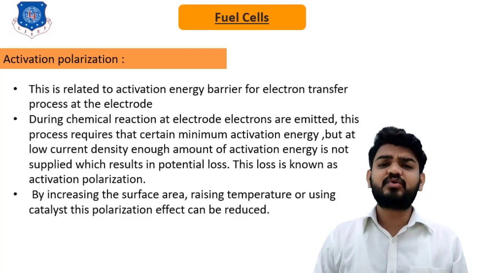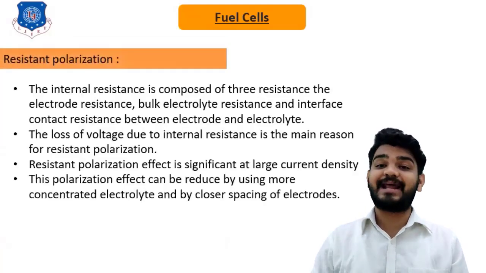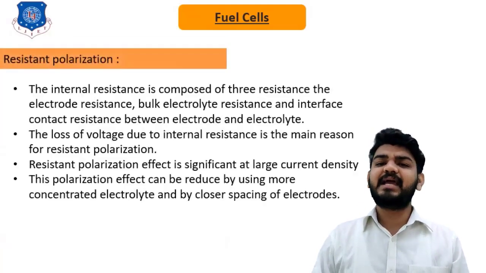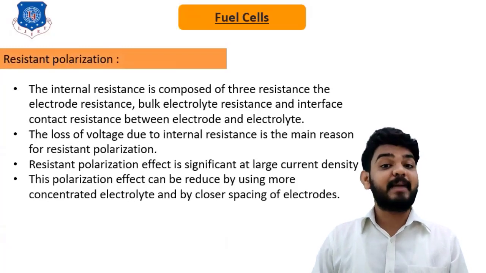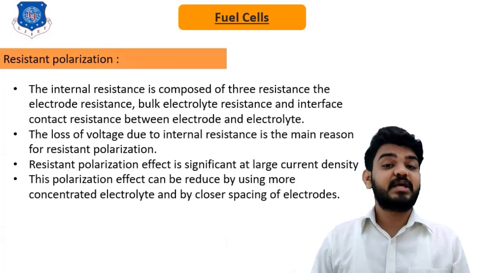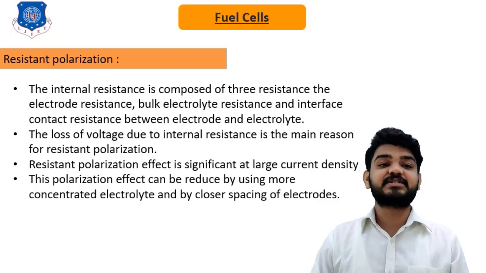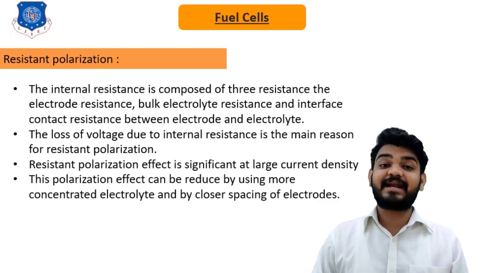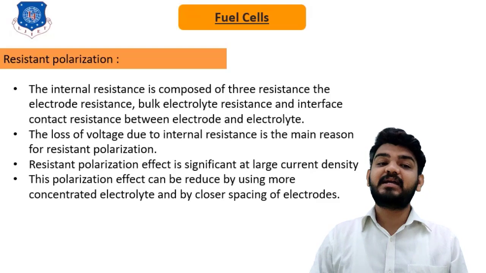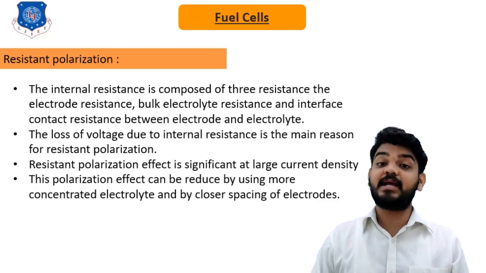Now let's move to the next polarization, and that is resistance polarization. Well, the internal resistance is the main reason behind this resistance polarization. This internal resistance is made up of 3 resistances: the electrode resistance, the bulk electrolyte resistance, and the interface contact resistance between the electrode and electrolyte.